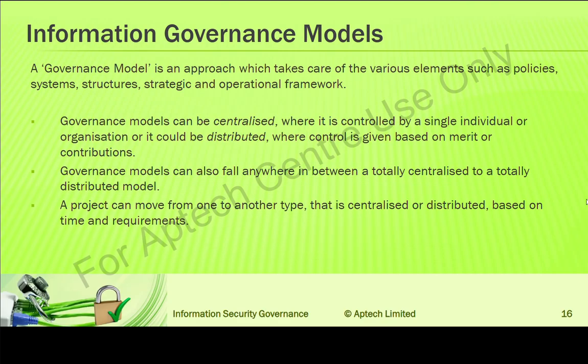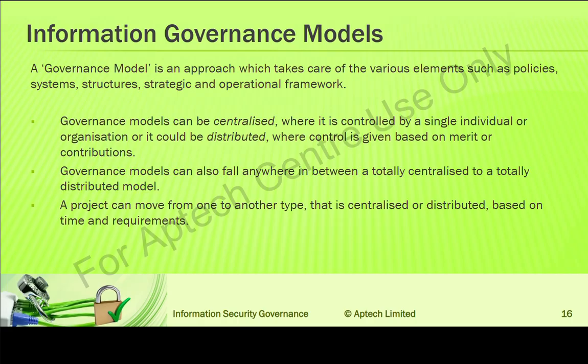Now let's talk about our information governance model. We have different models. A governance model is an approach which takes care of the various elements such as policies, systems, structure, strategic and operational framework. It monitors and makes sure that everything is working fine.